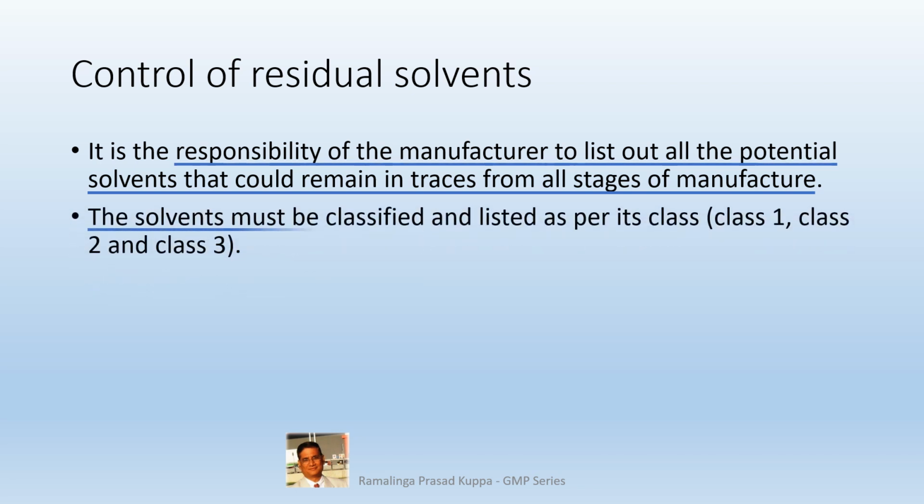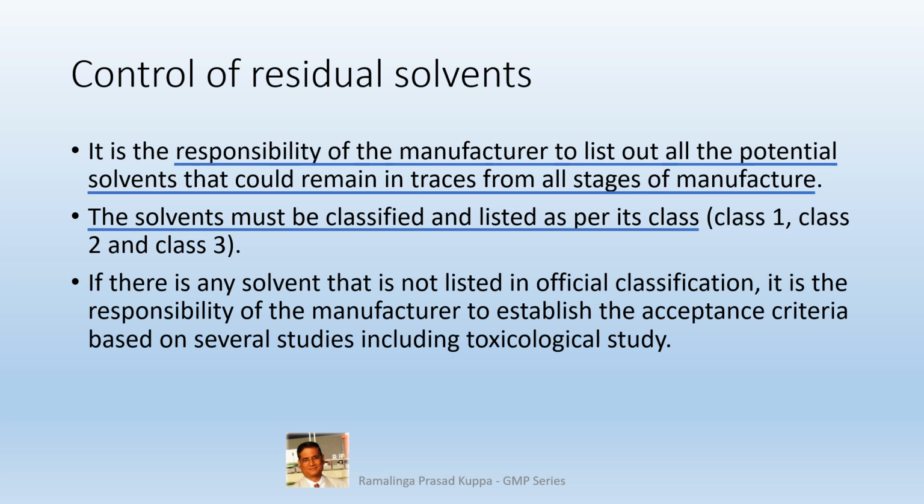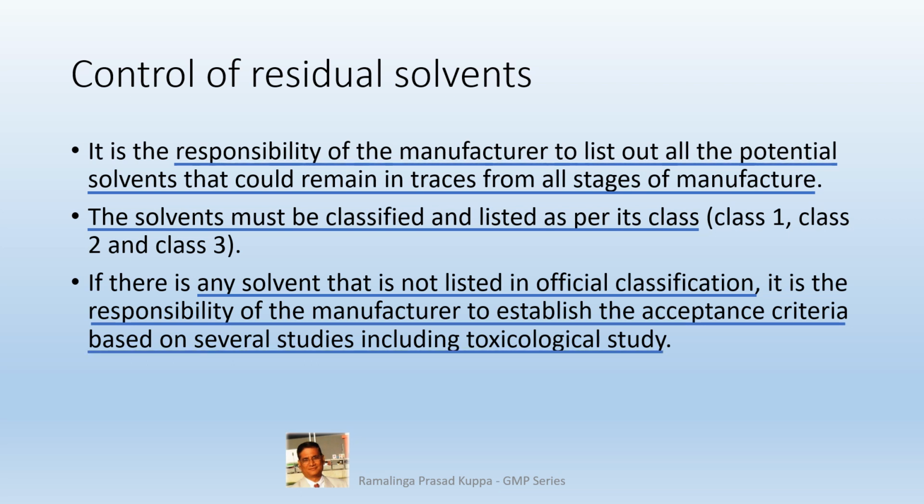The solvents must be classified and listed as per their class, that is class 1, class 2 and class 3. For classification in different 3 classes, you may refer to ICH Q3C or USP 467 chapter. If there is any solvent that is not listed in official classification, it is the responsibility of the manufacturer to establish the acceptance criteria based on several studies including toxicological study.